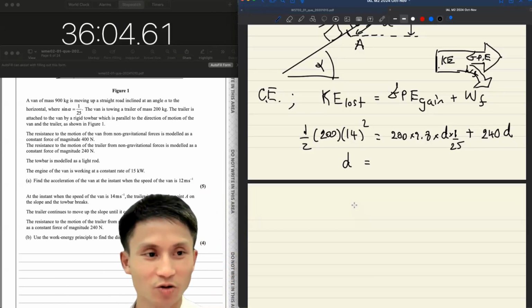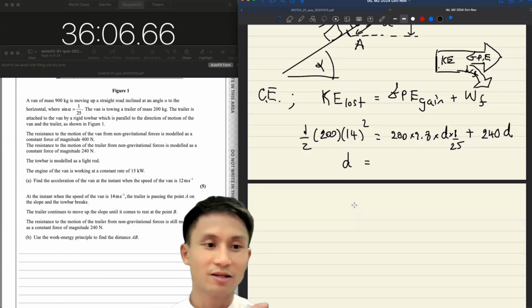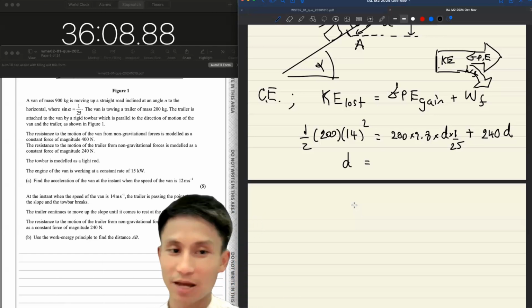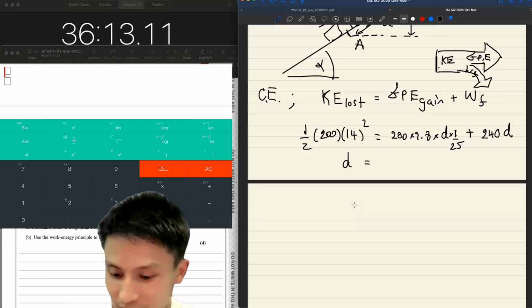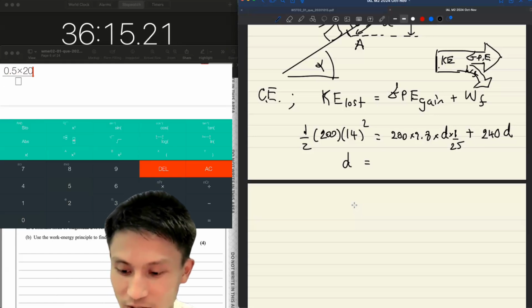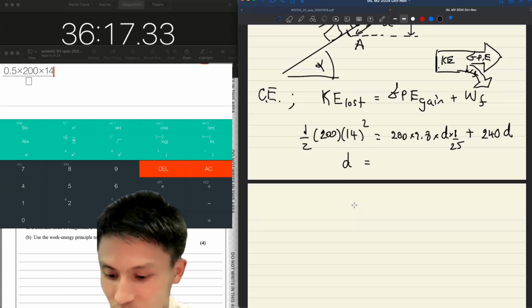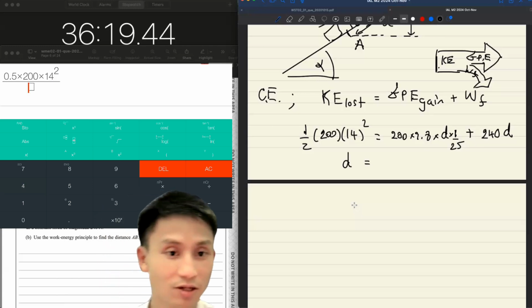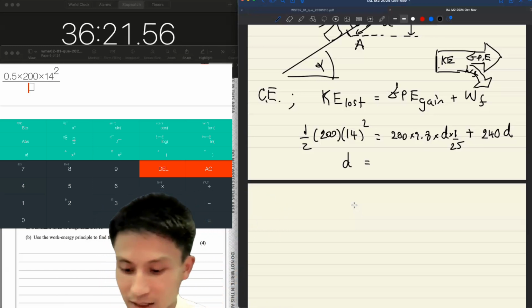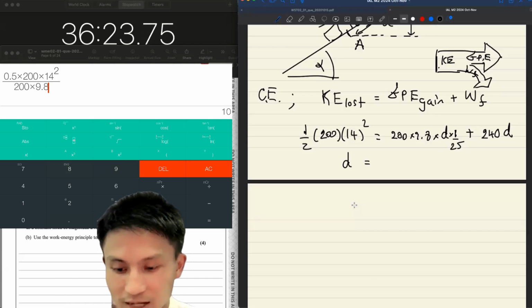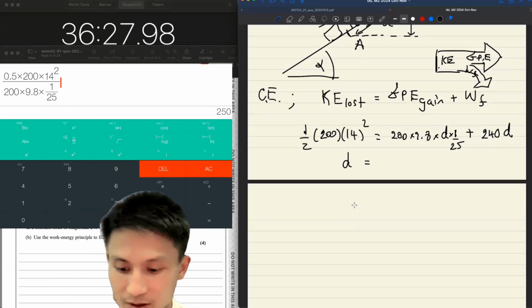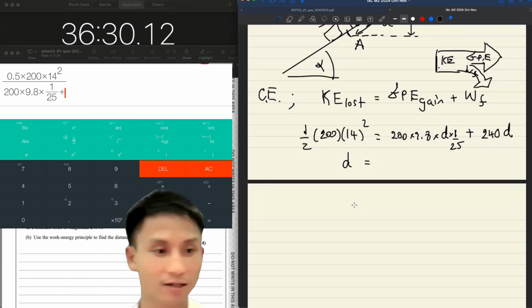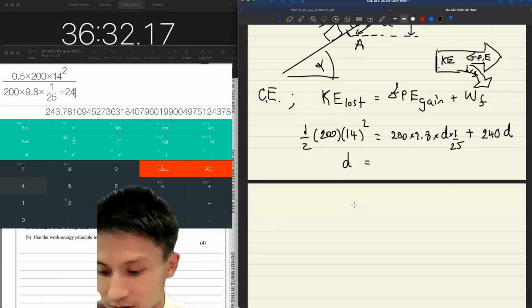All right, so imagine we are simplifying the d terms on the right side, adding them up and moving them to divide the left term. So I'm just going to do the left term right here. That's 0.5 times 200 times 14 squared. That's the kinetic energy lost. And then you add 200 times 9.8 times 1/25, and then 240.